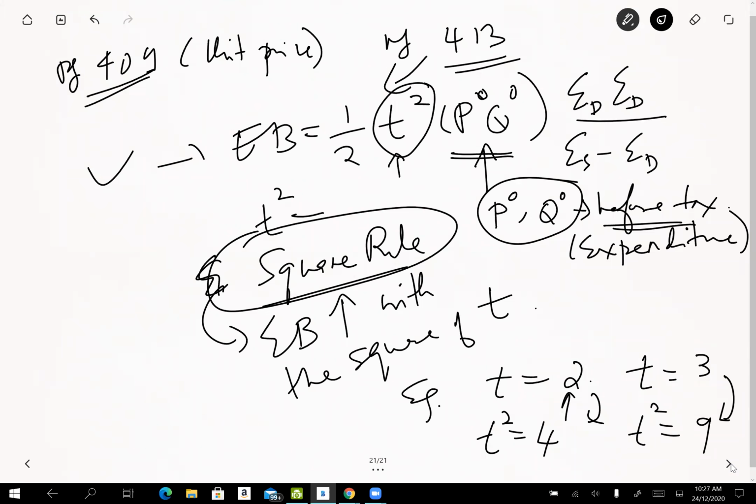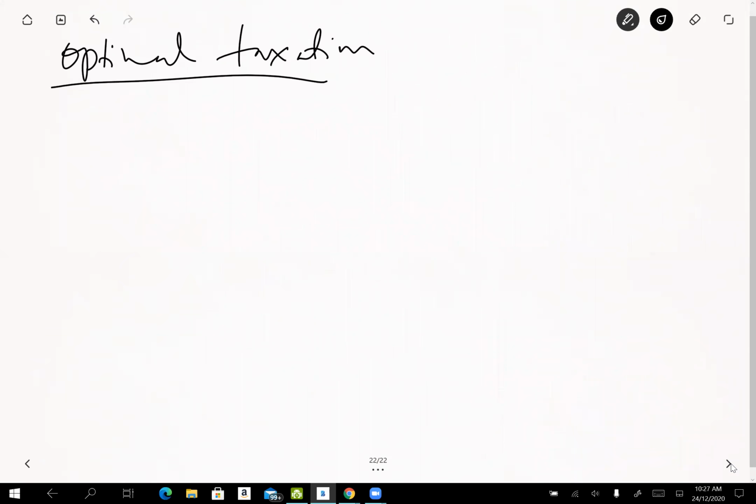Okay, next. I've done the tax equivalence, and now we're going to look at optimal taxation. In reality, the government imposes tax on many goods, not just one good.